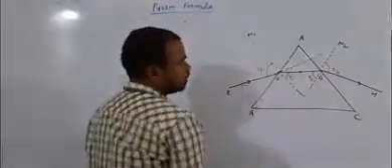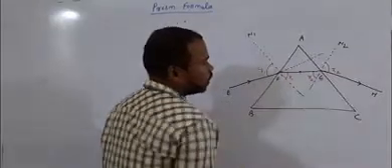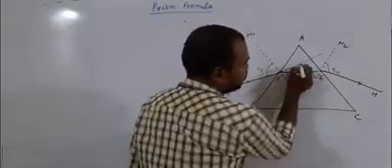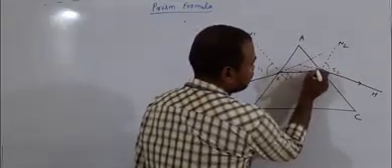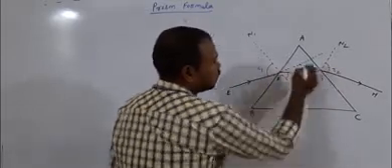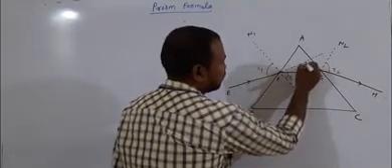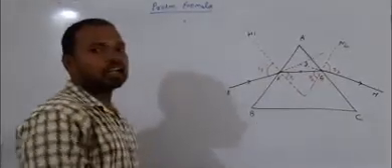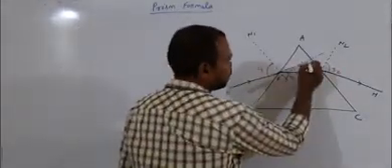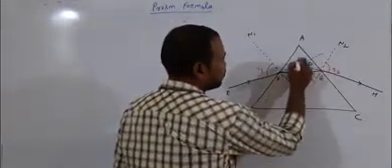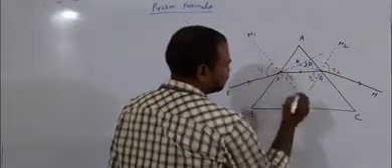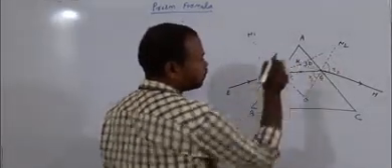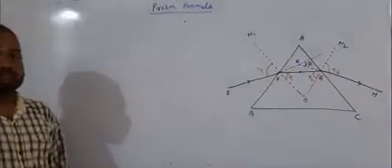If no prism is there, it can move straight, but due to the presence of the prism, this ray moves along this direction. That means this angle is the angle of deviation D, and this point I will take as K. This is point O. Here the angle of deviation is D, which you have to find out.